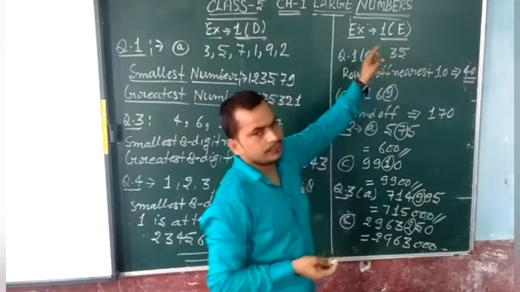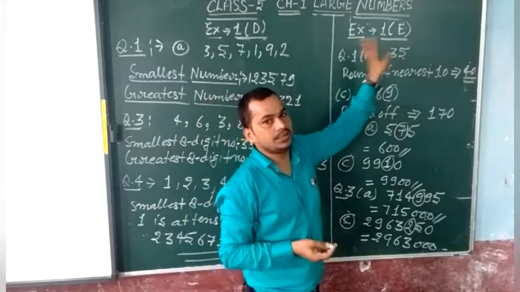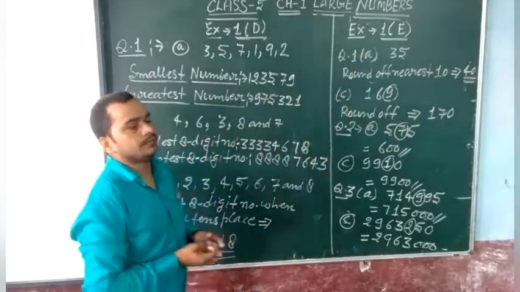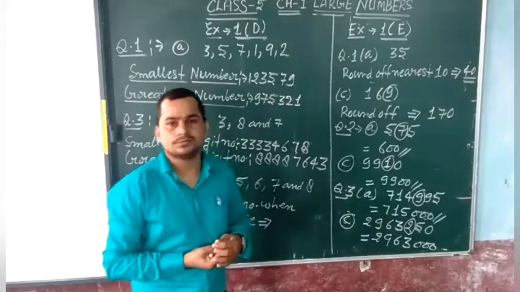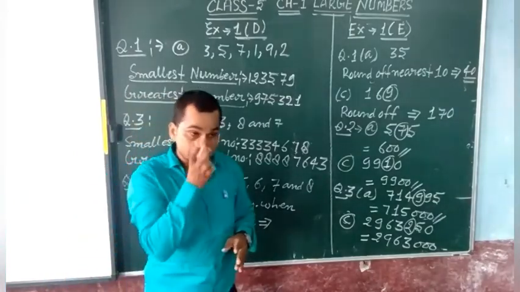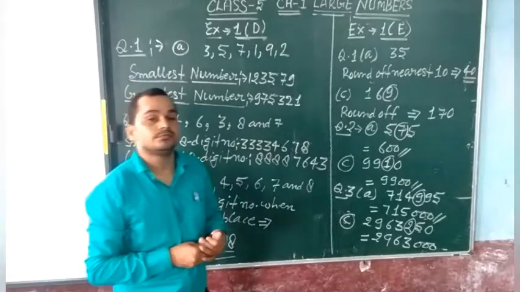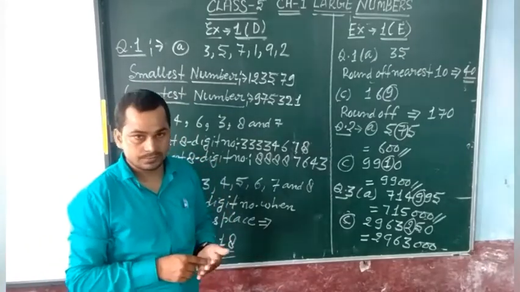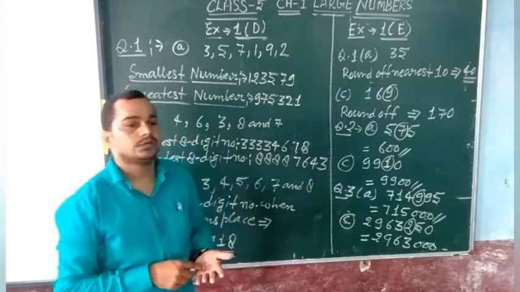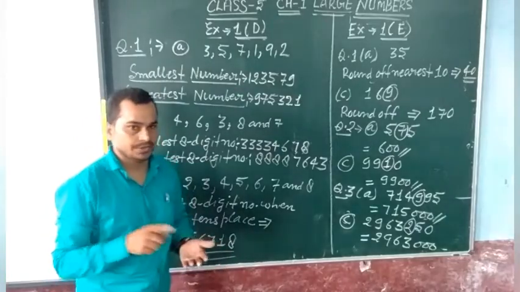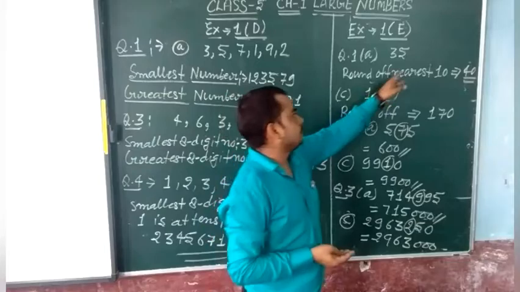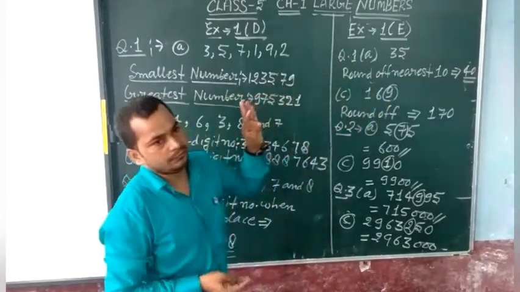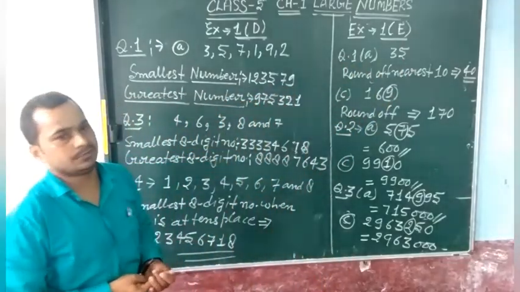Now we come to exercise 1E, where we study estimation. That means we study rounding off to the nearest 10, nearest 100, nearest 1000, nearest 10,000 and so on. So for nearest 10, we look at the ones place of the given number.